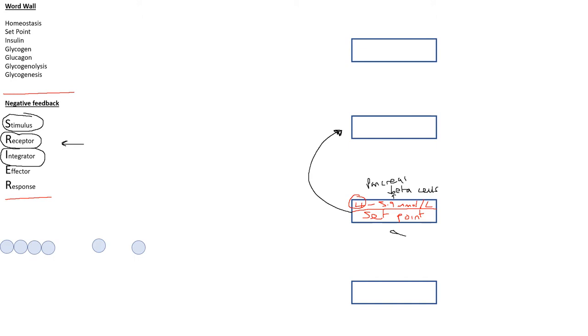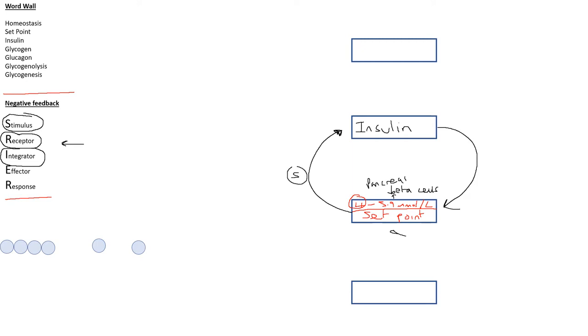Okay. So the beta cells of the pancreas are monitoring the blood sugar, and we've had a meal and our blood sugar has risen. So that responds by releasing the hormone that we have probably all heard of, insulin, which has the response of reducing blood sugar back to normal.